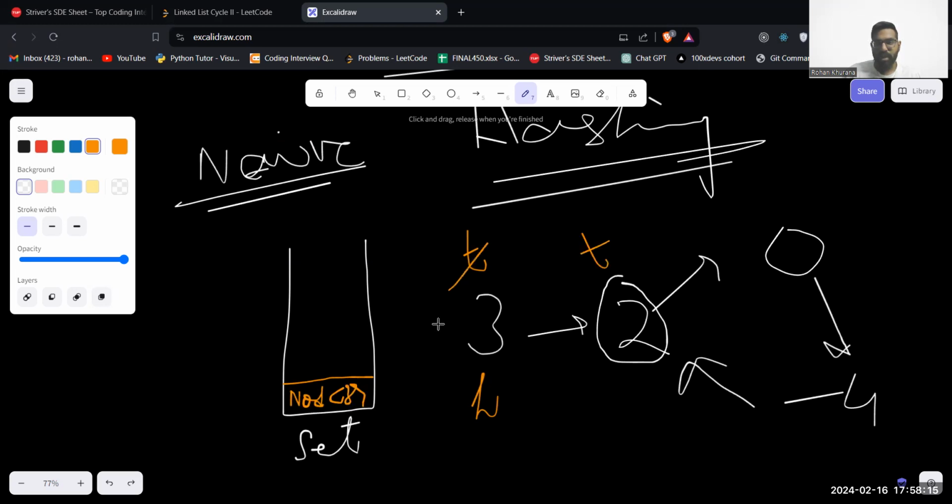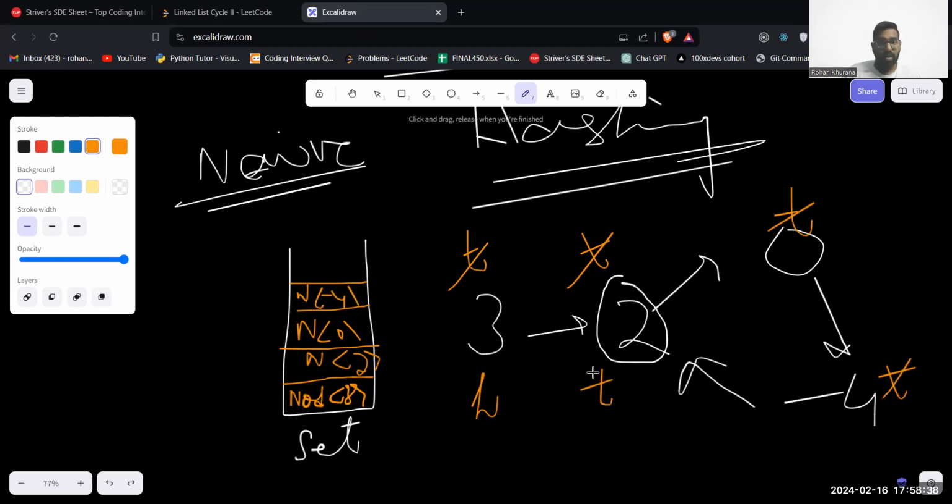Now temp moves ahead to the node with 2. Temp moves here, node with 0. Temp moves here, node with value -4.